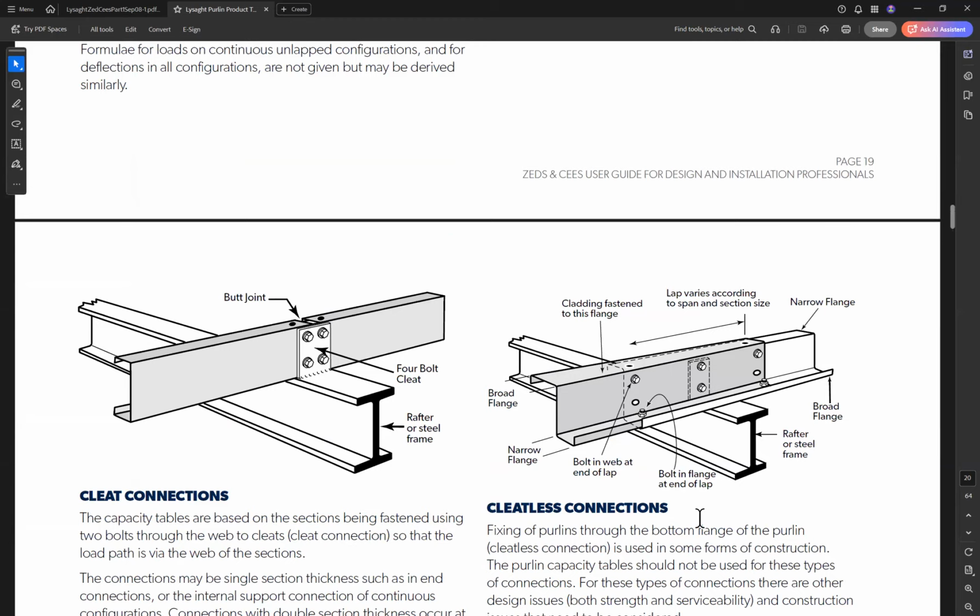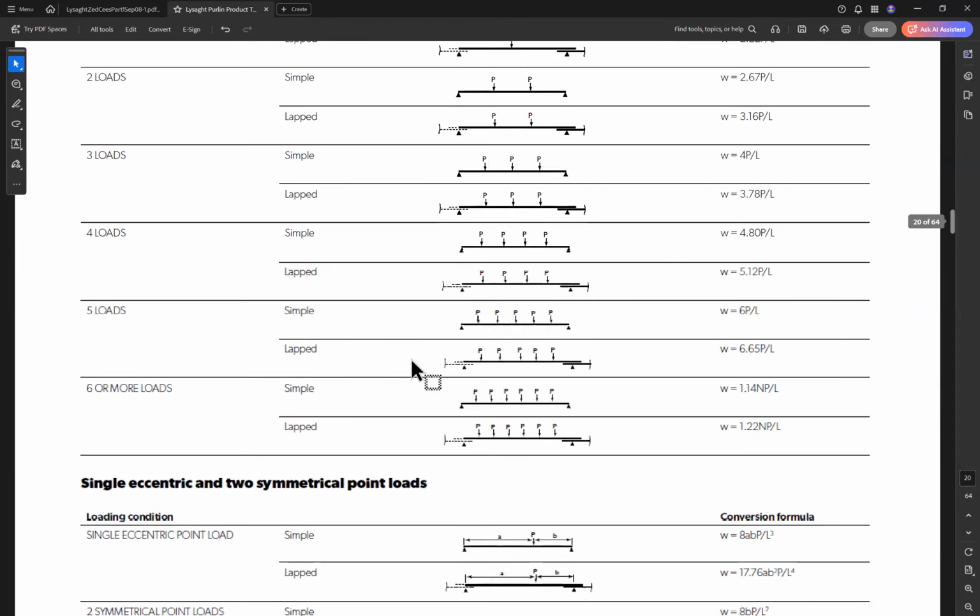We have overlapping, and as you can see here, this is one purlin from the left, one purlin from the right, and we have to overlap the two purlins. Okay, so this is what we call overlapping. So we have bridging and overlapping, and all of this affects our capacity for the purlin.